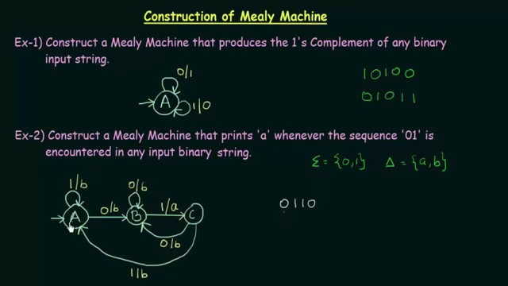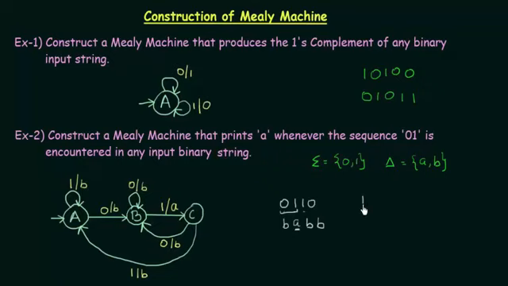Starting with 0, we start with A. A on getting input 0 goes to B and prints B. B on getting input 1 goes to C, printing A. At this point it printed A, and now we get 1 again in C, and C on getting input 1 goes to A, printing B, and on A we get the input 0 and it goes to B, printing B. So we see that we encountered the string 0 1, and when we saw this 1, A was printed, and that is what we wanted.